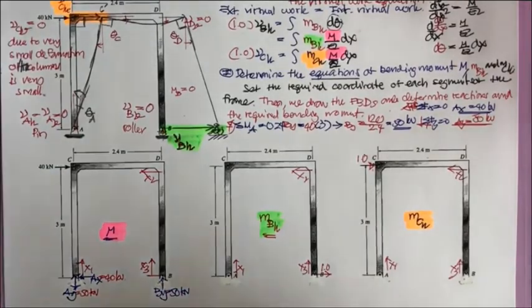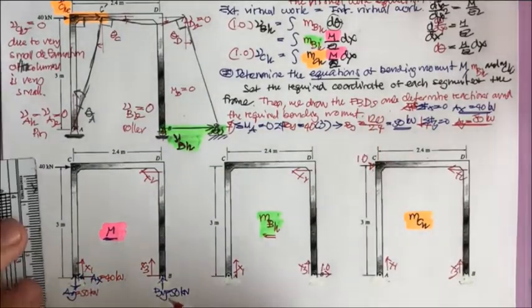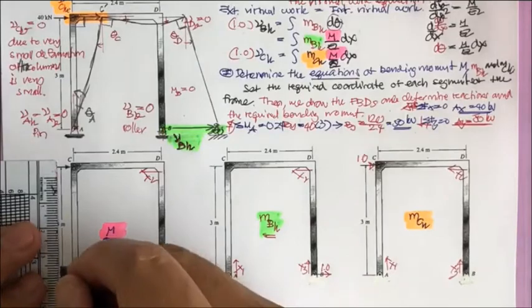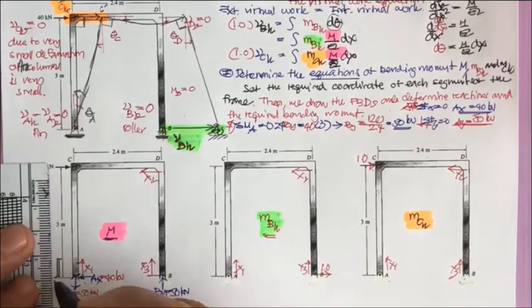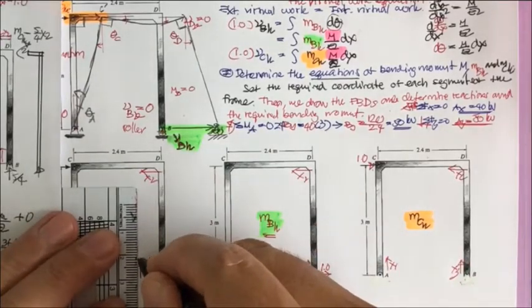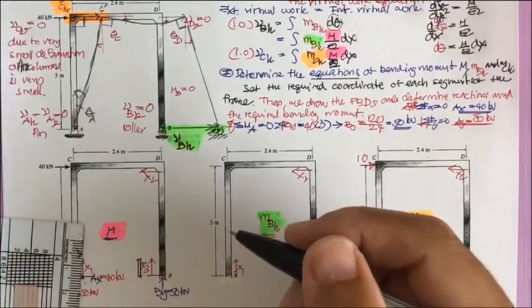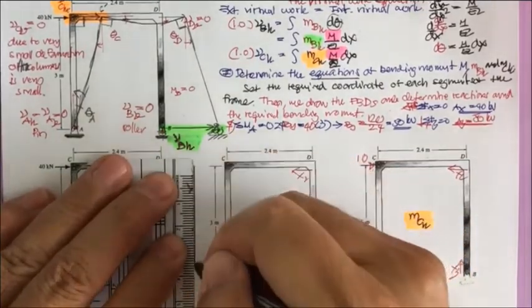Now again, you draw the free body diagram of each segment. This one, the first one, is for the x1, and this for the x3, and maybe this for the x2.